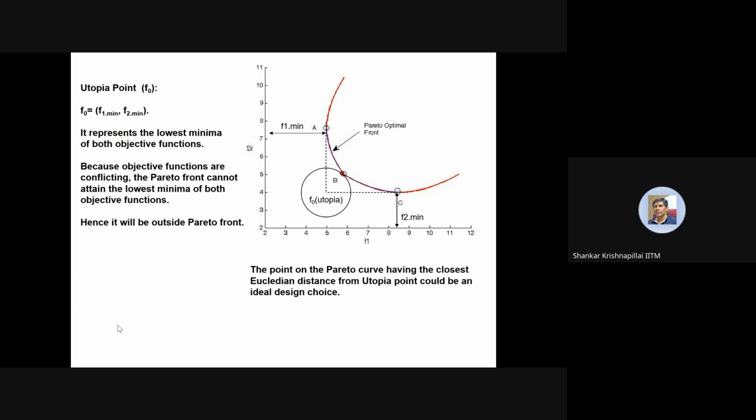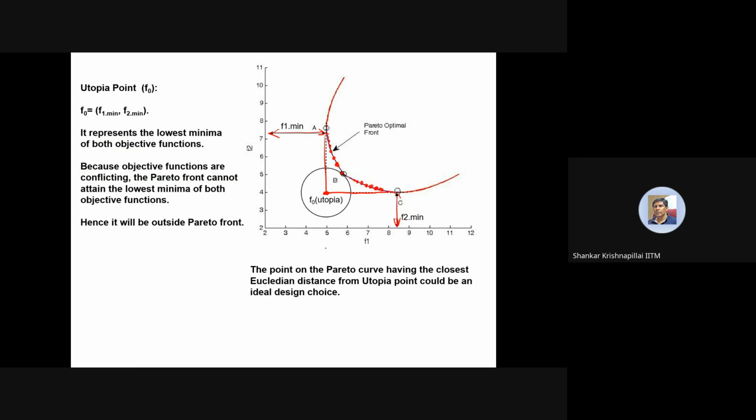The advantage of this utopia point is that you can locate it easily by finding this F1 minimum and F2 minimum and drawing these lines. Earlier I said that all these points on the Pareto optimal front are equally good, but that is very confusing.